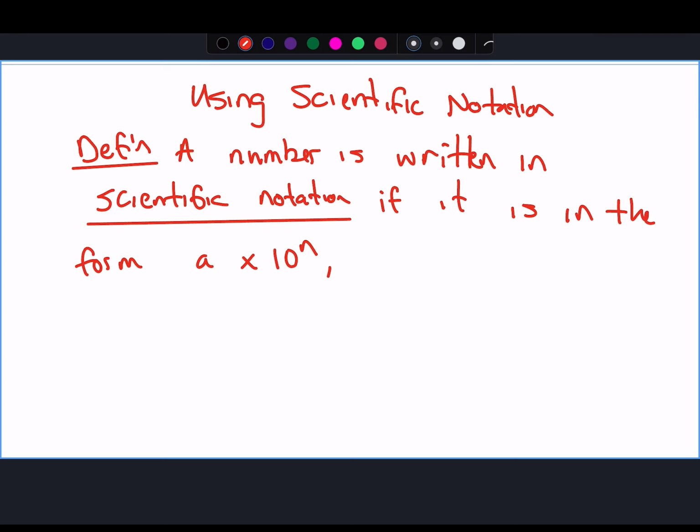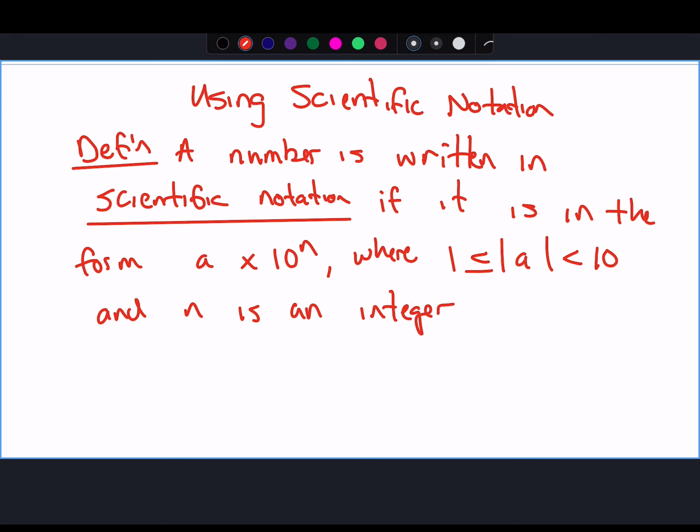So we have a number times 10 to some positive power where the absolute value of a is greater than or equal to 1 and less than 10. And n is an integer. So our power on 10 doesn't have to be positive. I may have said that, but what I mean to say is 10 can be any integer power.